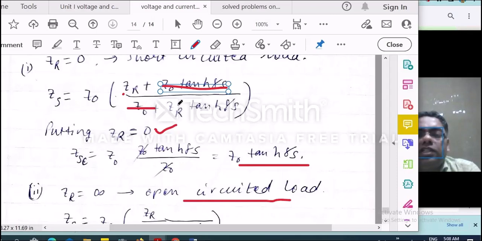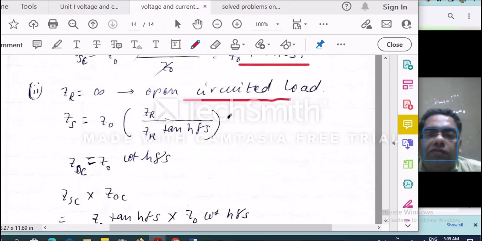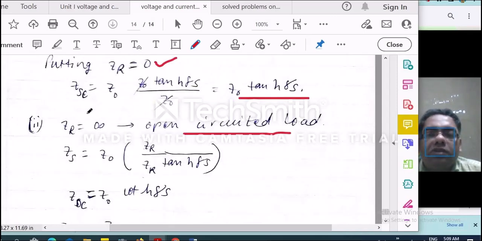So we get ZR by ZR tanh gamma s. ZR will cancel, and 1 by tan becomes cot, so it becomes Z0 coth gamma s. This is the open circuited input impedance, and the previous one is the short circuited input impedance.